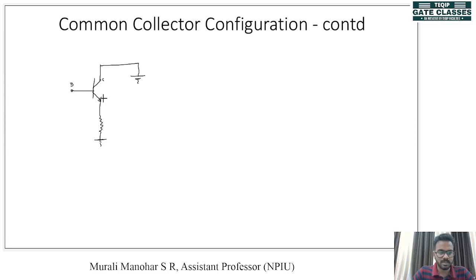Collector, base and emitter, and this is a resistance R. I have already told you that by the look of the circuit it looks like this is common emitter, but always check which terminal is close to the reference point. That will give you the configuration. In this case, collector is close to the reference point, so this is a common collector configuration.